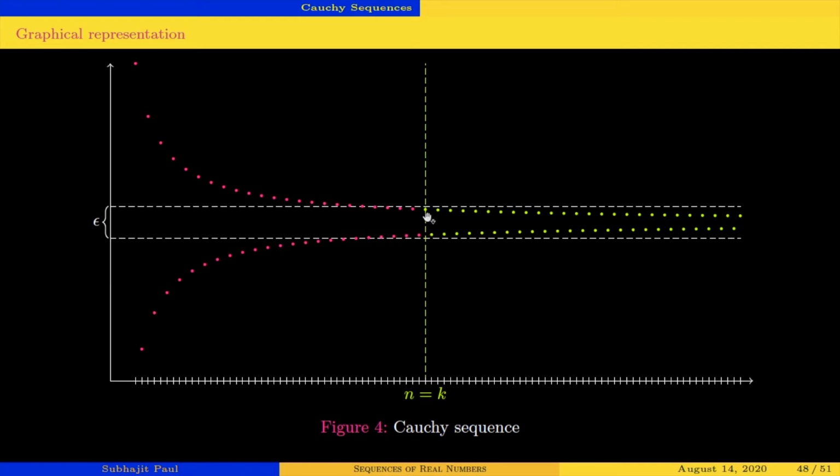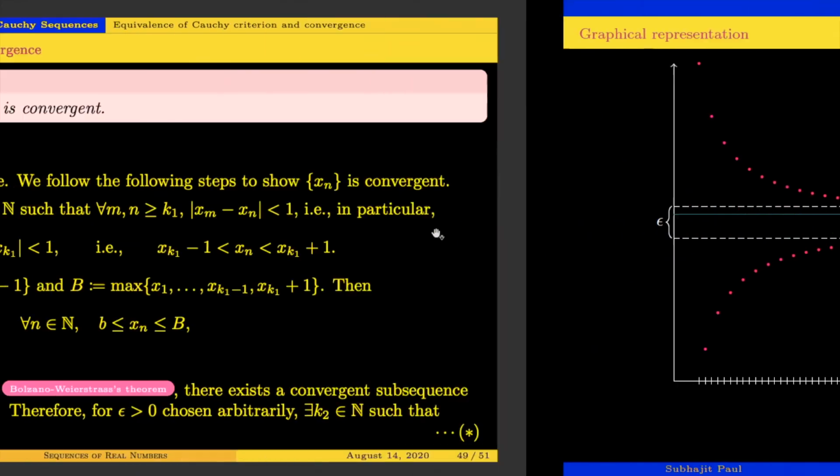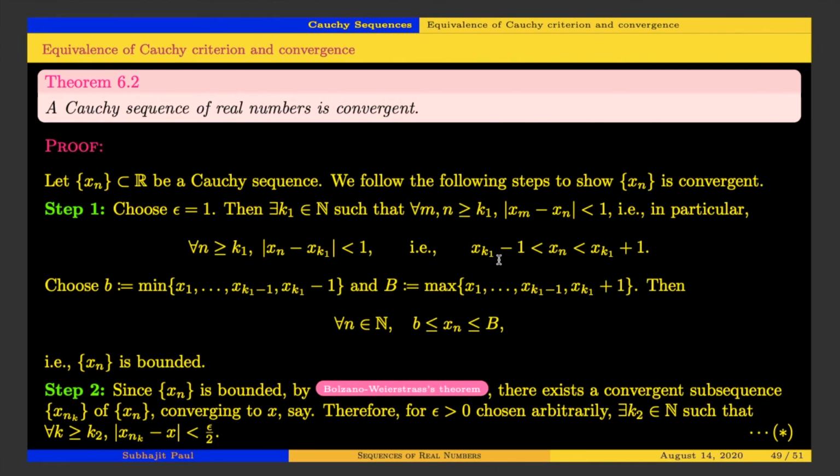So therefore, what I'm trying to say is this: all the terms to the right of this, all of them are within one distance from this xk1. So they are in this range, xk1 minus 1 to xk1 plus 1.